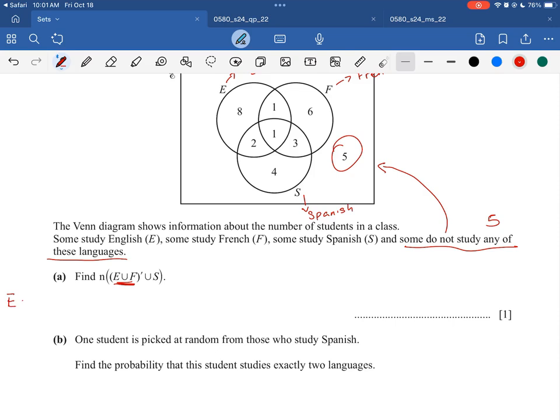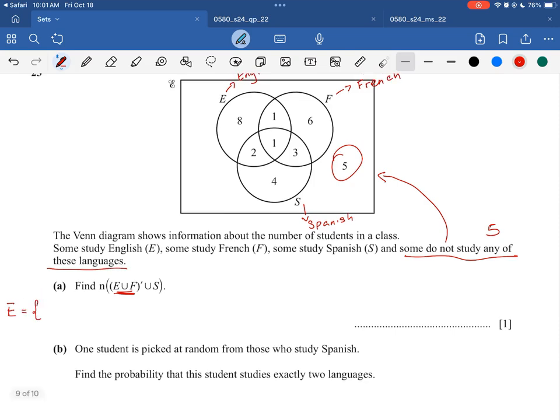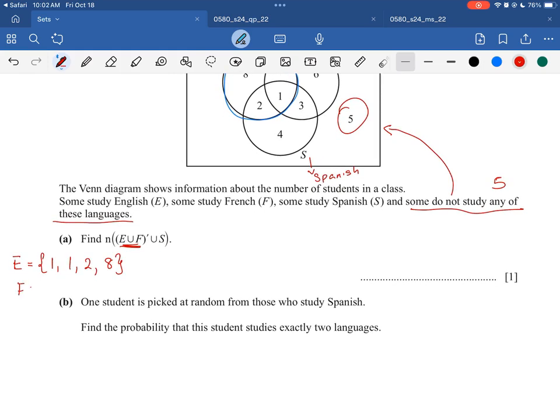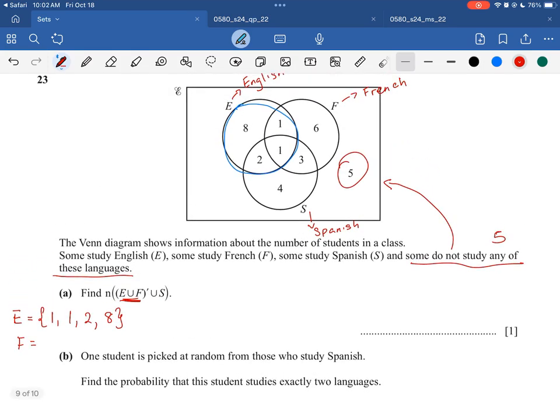The set of E is, if you look here, 1, 1, 2, 8. The set of F is this, 1, 1, 3, 6.